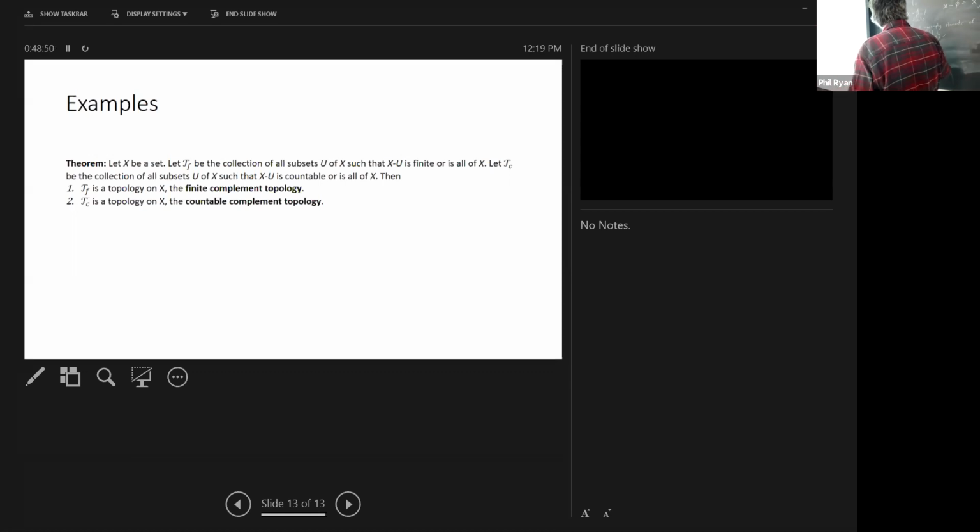So what do we look at? We look at X minus the union of these sets. Now we've got to remember some set theory. So do people remember De Morgan's laws? So what does X minus a union equal?